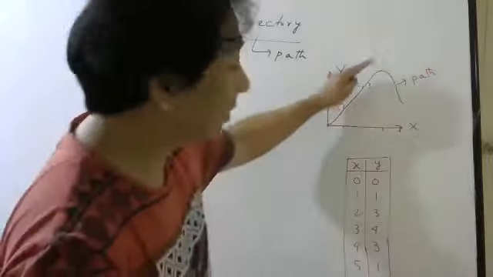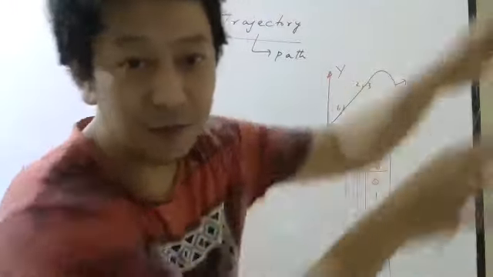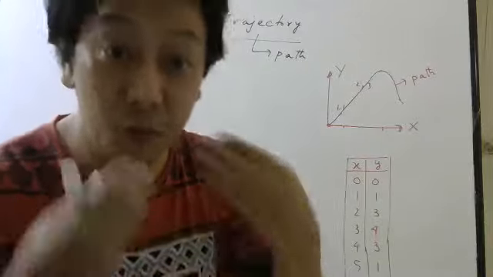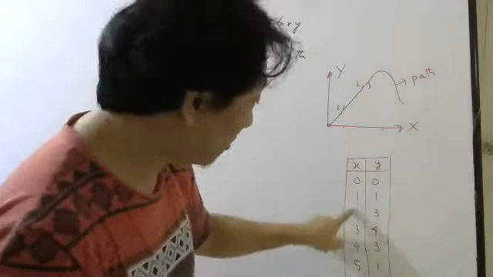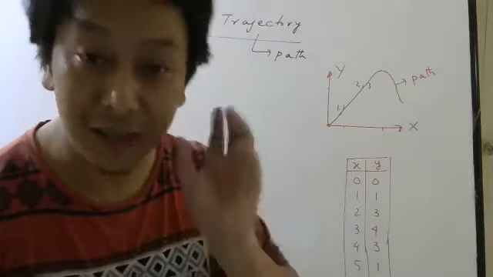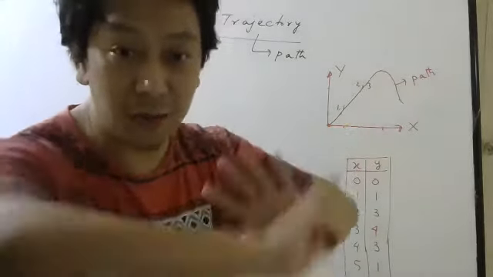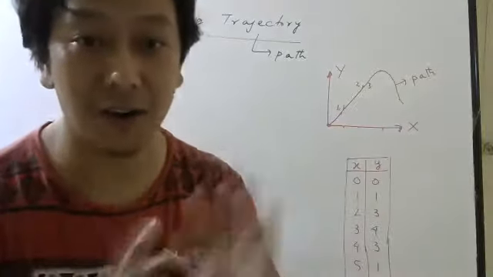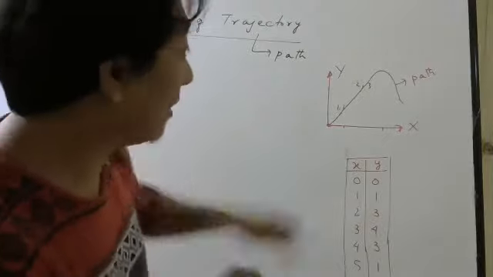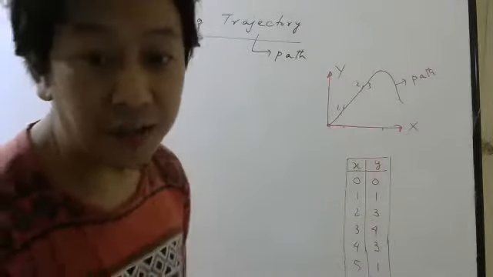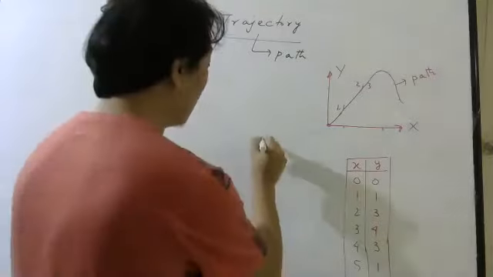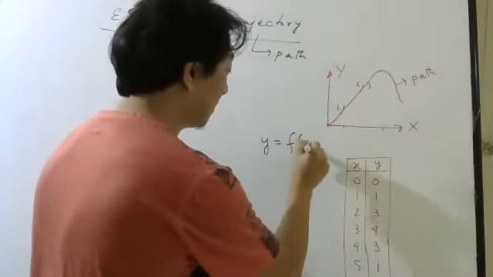Because as the particle is moving, x coordinate and y coordinate will change. And if you know the y coordinate for every x coordinate, then you can plot the points and then you can find the path. Agree or not? That means to find the path, you have to find some formula between y and x.